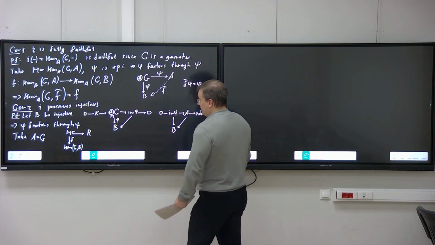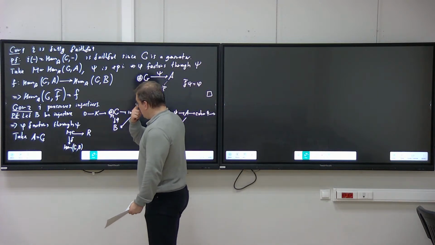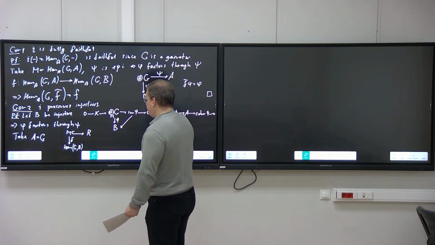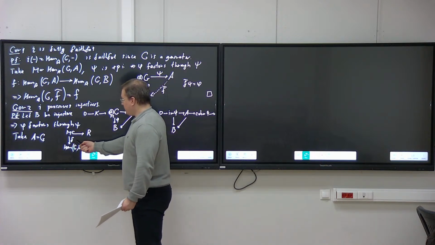So for any map like this, there are no restrictions on the f.